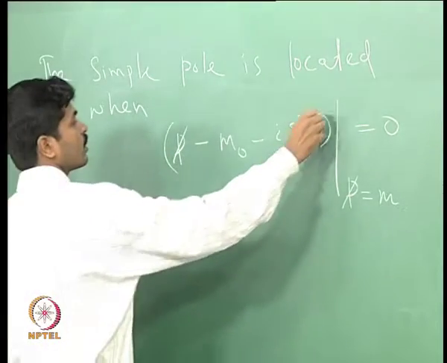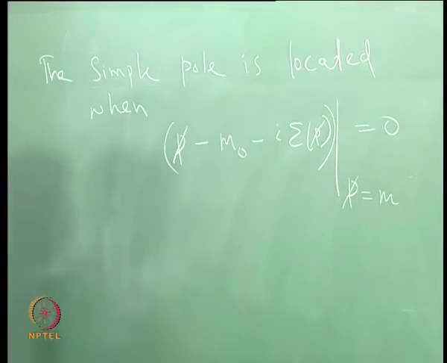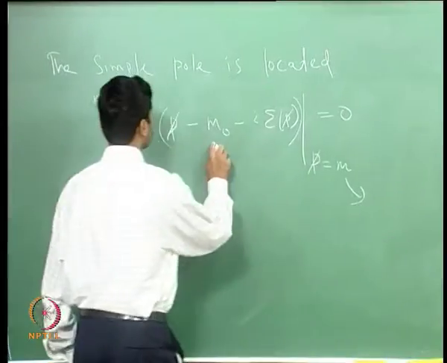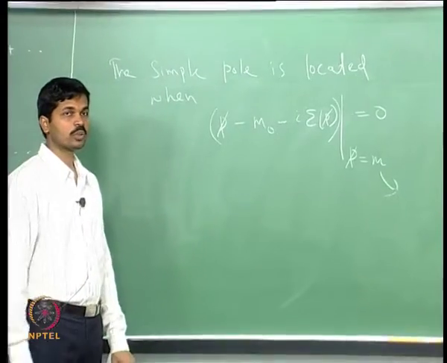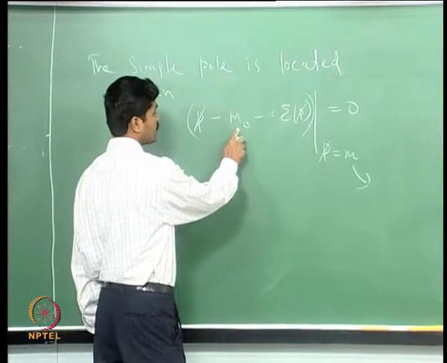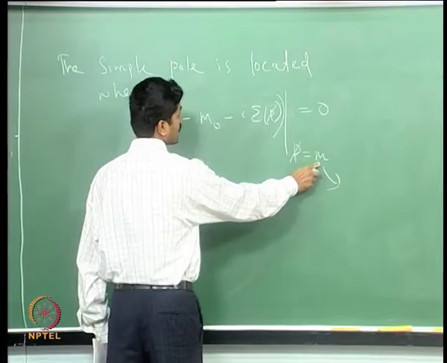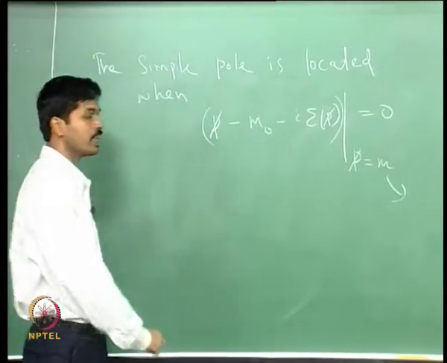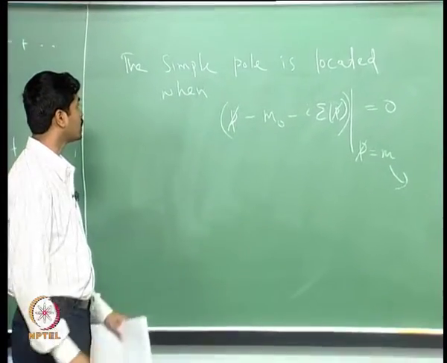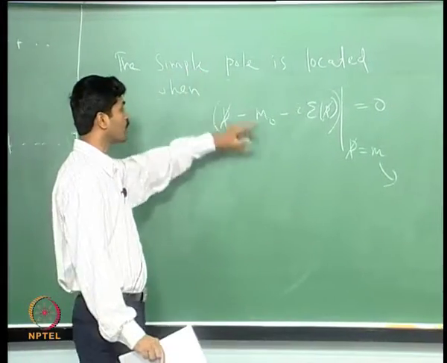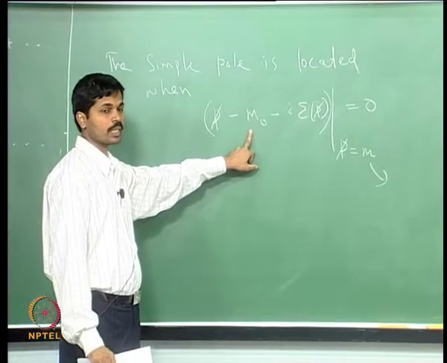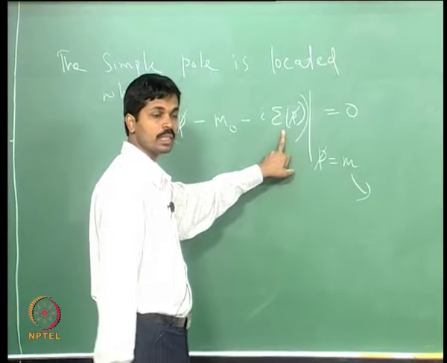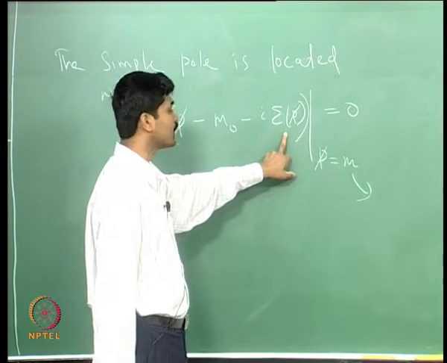So therefore, this equals 0 when p slash equals m, and then we see that this m, which is actually the physical mass, is not exactly equal to m 0. M 0 is known as the bare mass and m is the physical mass, and the physical mass is basically determined by the simple pole of the exact propagator, and we can compute this m if we know what sigma p is, and we know sigma p order by order.